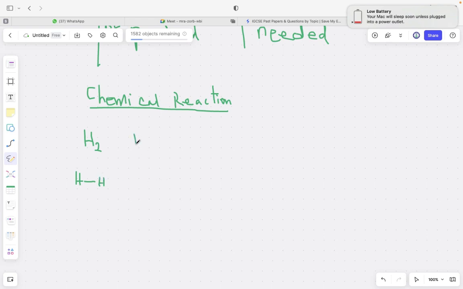Then plus oxygen. One atom of oxygen to another atom of oxygen is a double bond. This O2 is what we represent like this, and this H2 is what we represent like this.